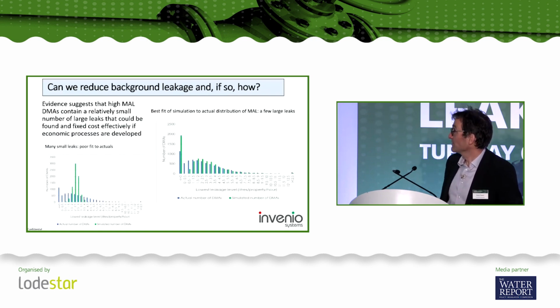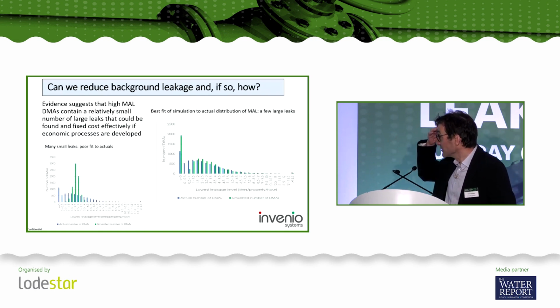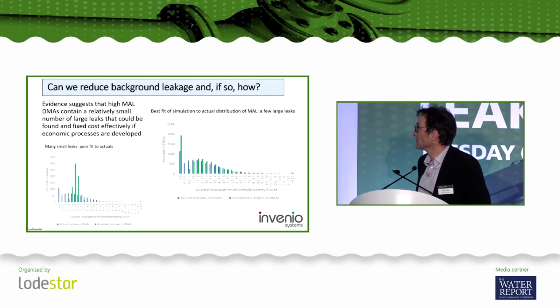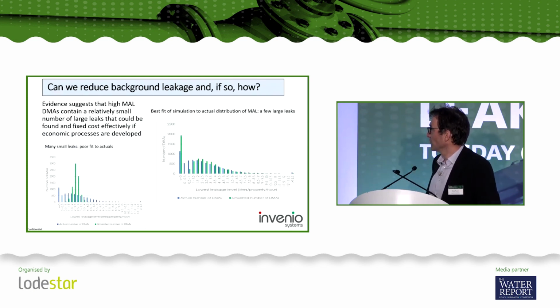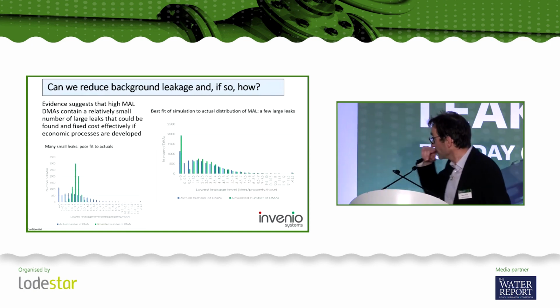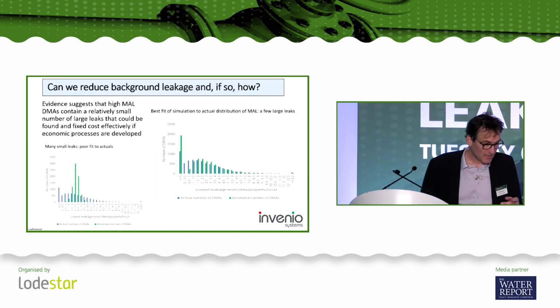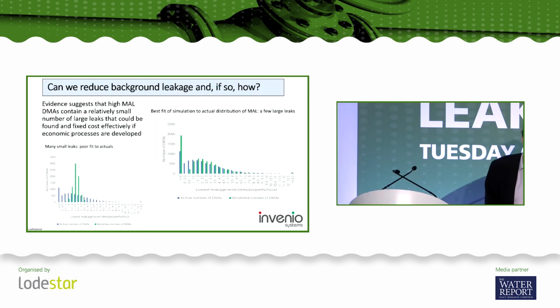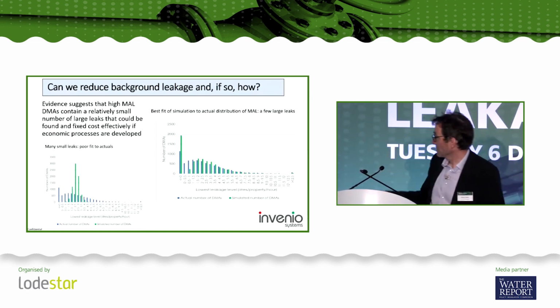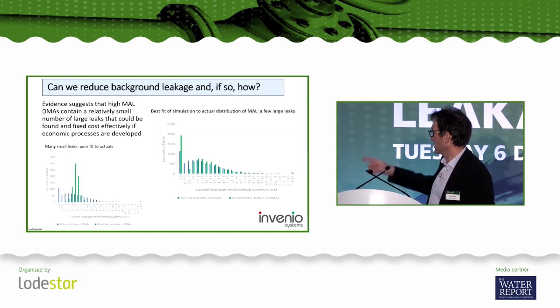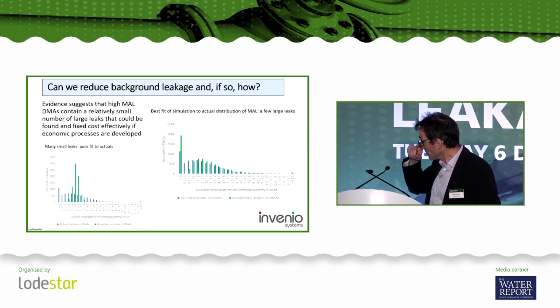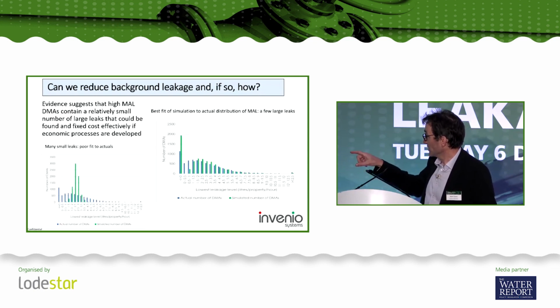Next question, can we reduce background leakage, and if so, how? This is one of the pieces of work we did with this. These histograms have the number of DMAs up the side, and lowest achieved leakage level across. The blue values are the actual numbers of DMAs.